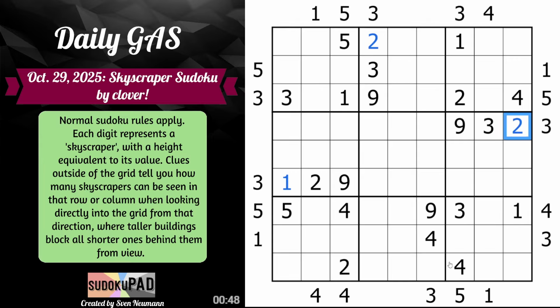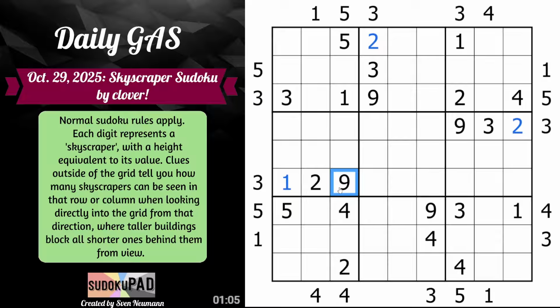This must also be 2. This could be 1 or it could be 3. I don't think we know that yet. This is interesting because this 9 is 4 away. This is a 4 clue with the 9 4 away.